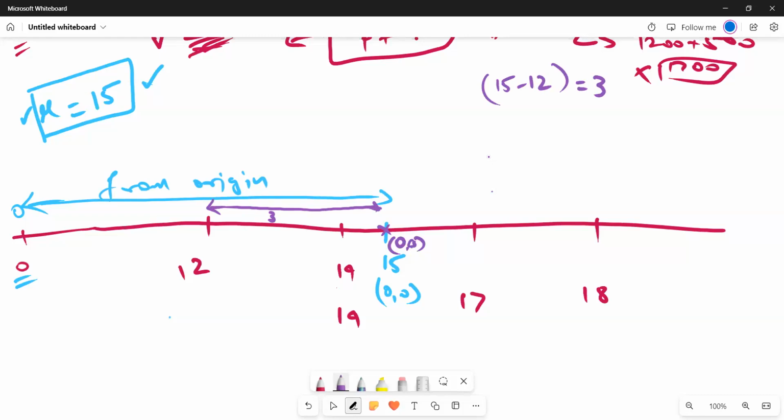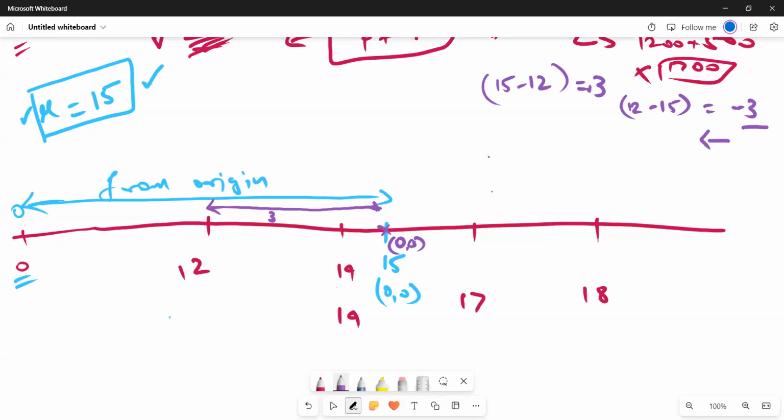Some of you say it's 12 minus 15, so let's take it that way, minus 3. This is distance in the opposite direction, which is exactly what the negative sign indicates, whereas the positive sign indicates the forward direction and the negative sign indicates the backward direction. This is the only difference.